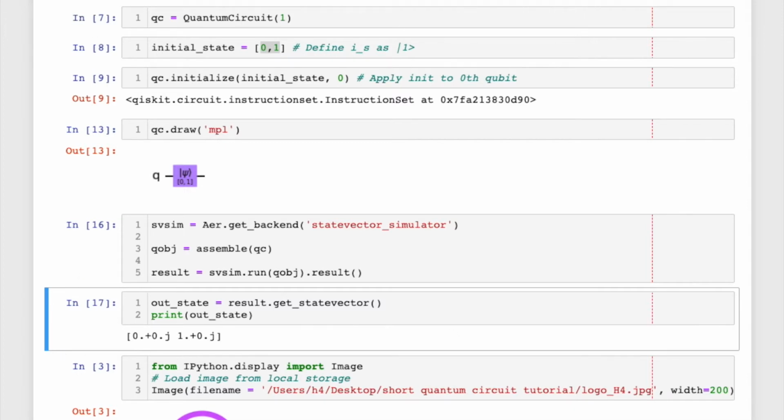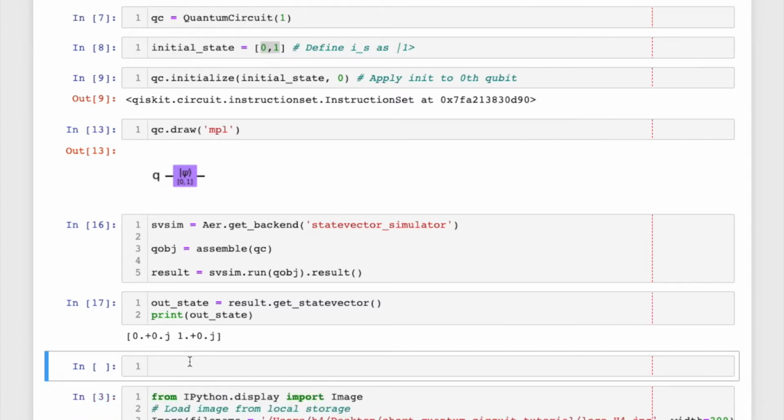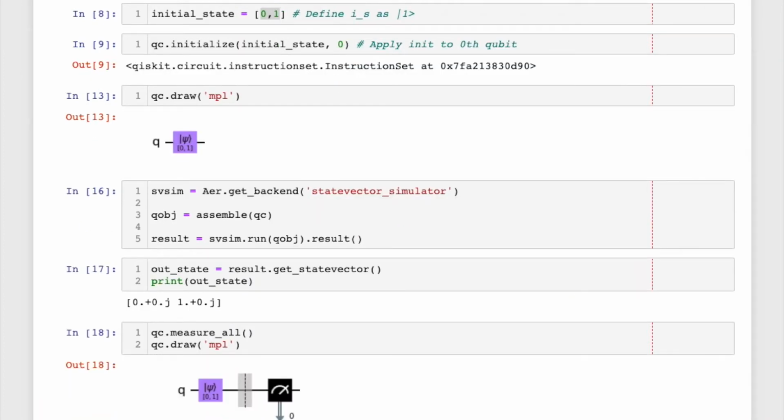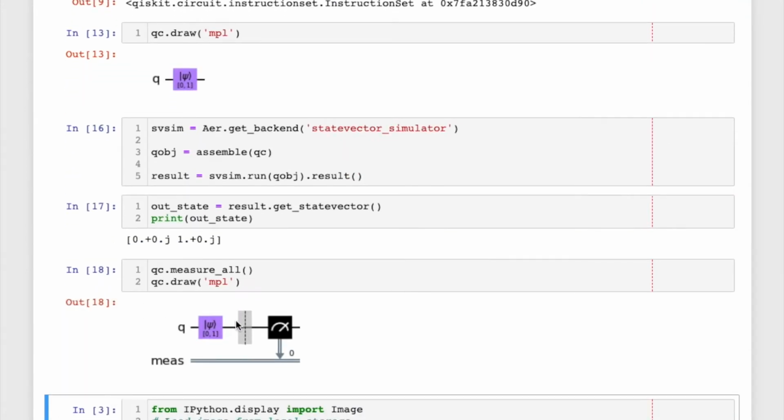We can also measure this whole thing. If we measure the qubit, we are just making it real. Measuring a qubit is not reversible, whereas any other gate, as we will see later on, is reversible.